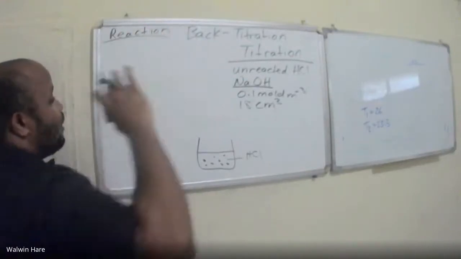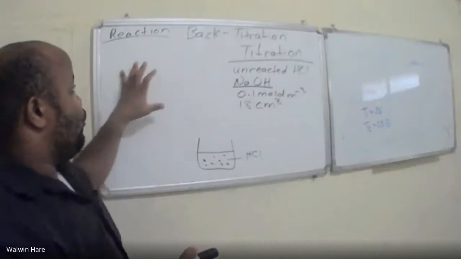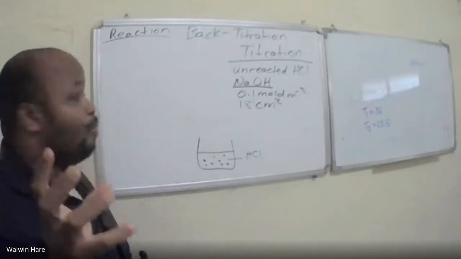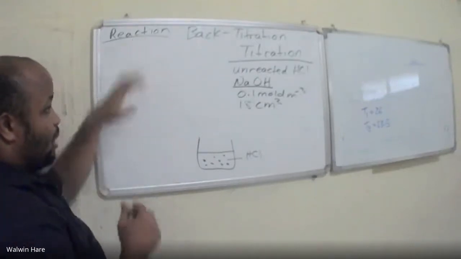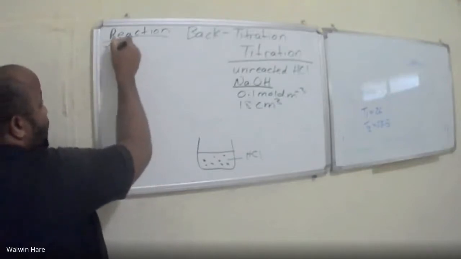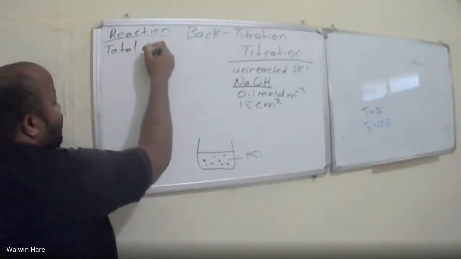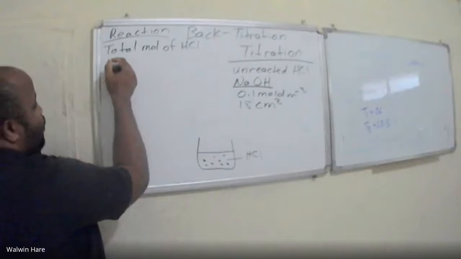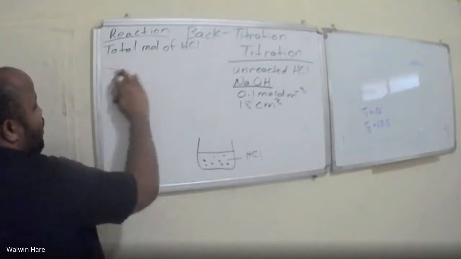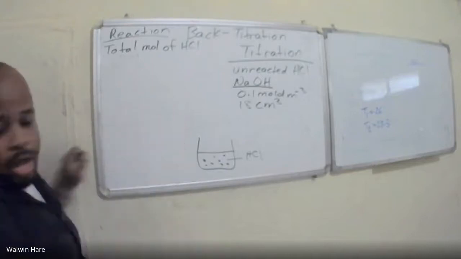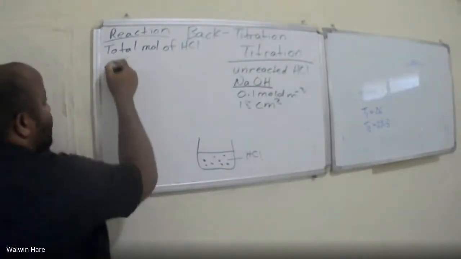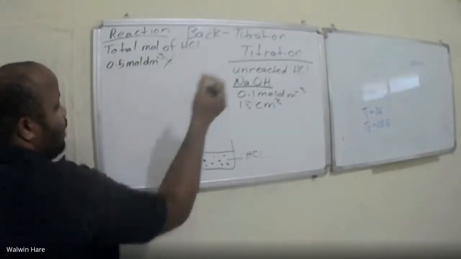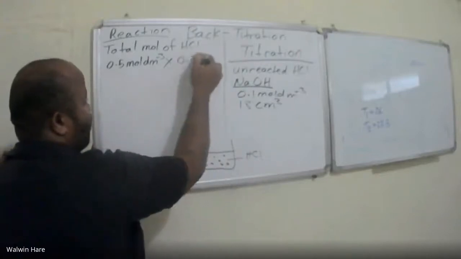And remember, I said for titrations or any reaction, if you get the concentration and the volume, work out the number of moles. In the reaction, you would have had the total moles of HCl. And remember, we used 100 cm3, so let's put the concentration first, which was 0.5 moles per dm cube times the volume, which is 0.1 dm cube.